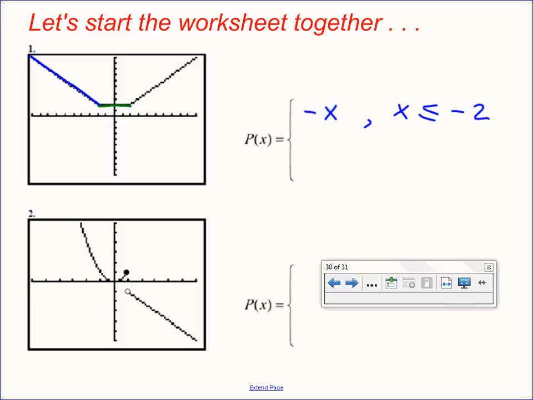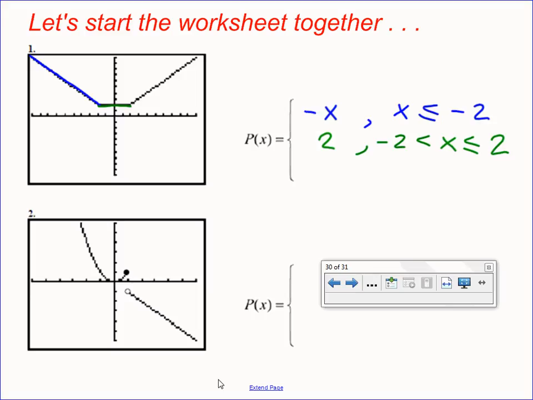You could make that strictly, so long as you then filled in the domain restriction at -2 on the next piece, a horizontal line, a constant function. It looks like the y coordinates of that piece are 2, everywhere along that middle green piece. And that's only going to apply in between -2 is less than x is less than or equal to +2.